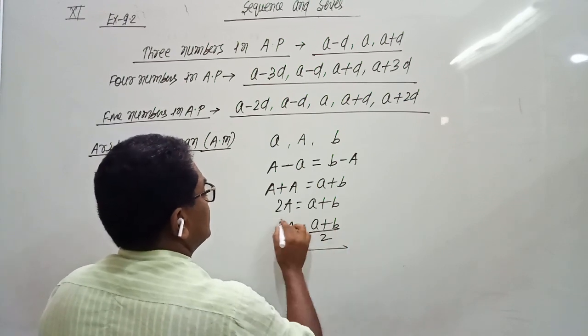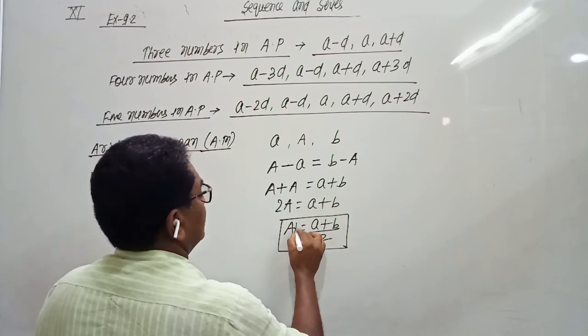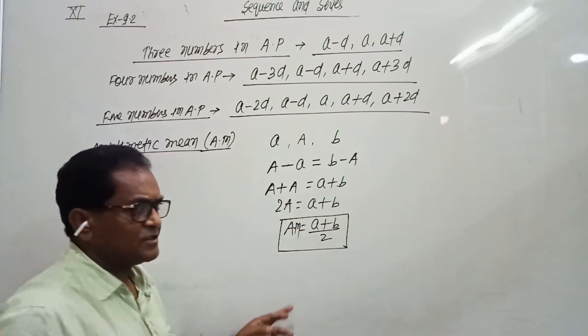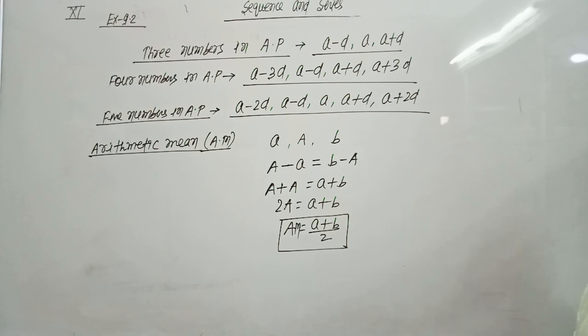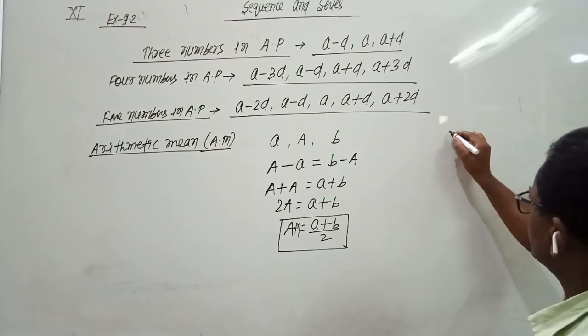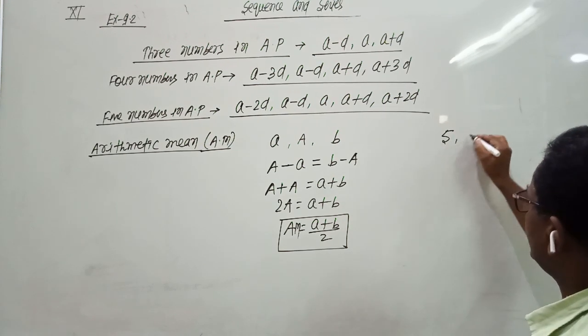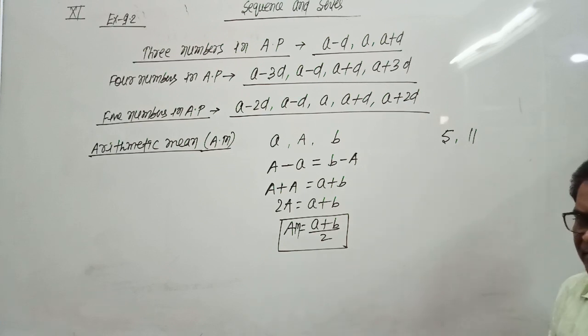So this is the formula for finding the single arithmetic mean between two numbers. Suppose we have given two numbers 5 and 11, and we have to find the arithmetic mean.